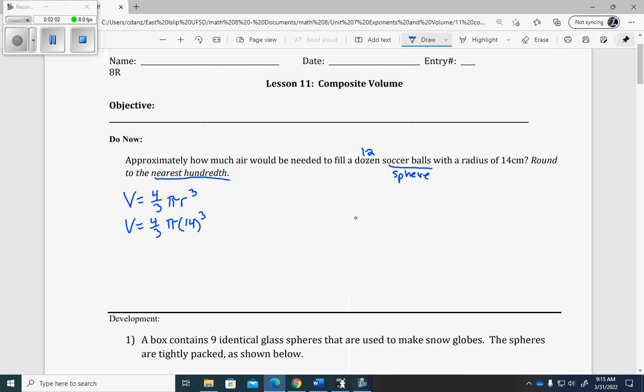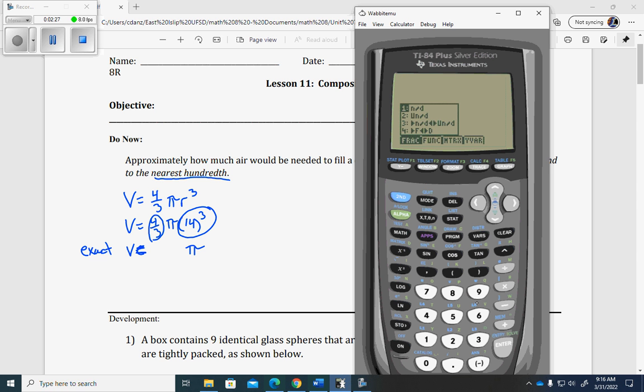So if I were to do an exact answer first, I would type in the 4/3 and the 14 to the third, and I'm not going to hit the pi button yet. I'm going to write my answer in terms of pi. So 4/3 times 14 to the third power.